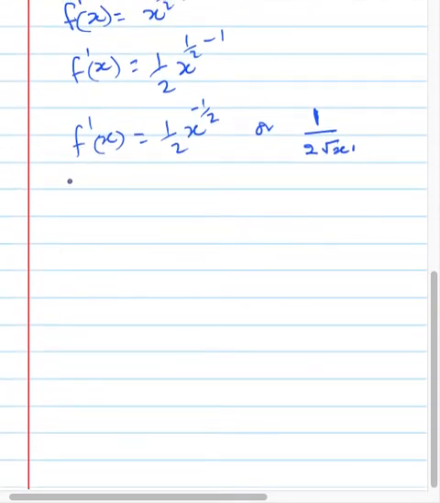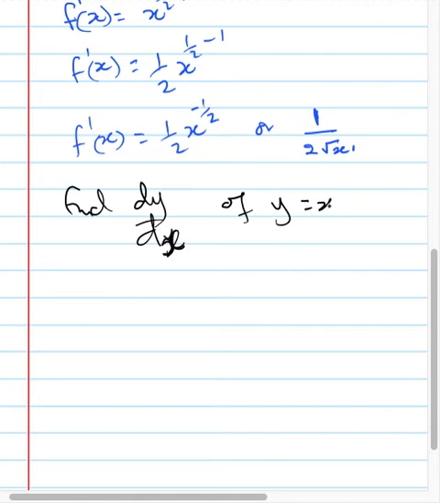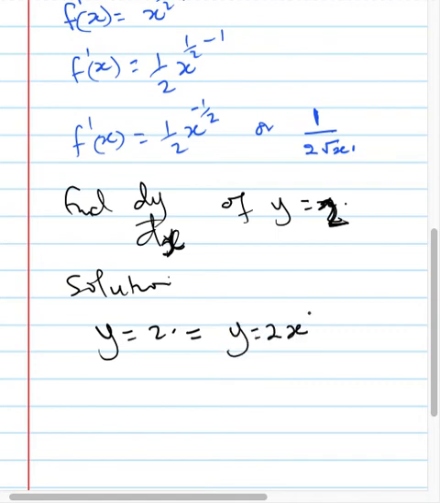I hope you're understanding. How about if they say this: find dy dx of y equals 2. So when we are solving this, we would say y is equal to 2 is the same as y equals 2 x to the power of 0.